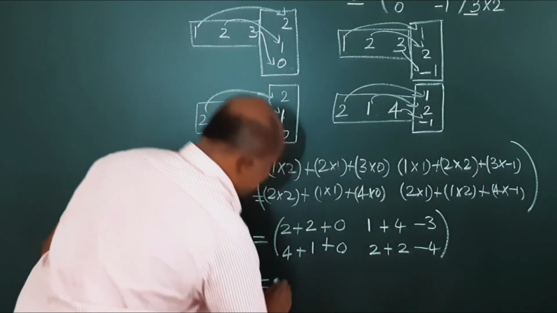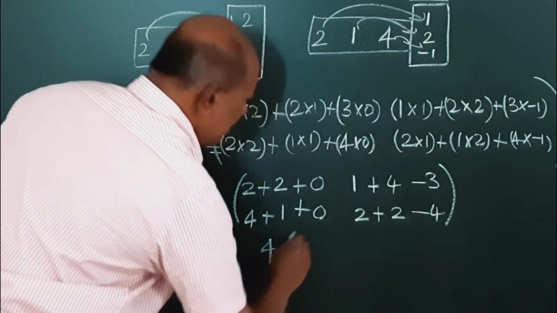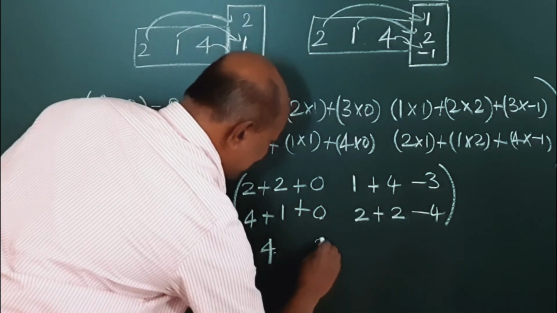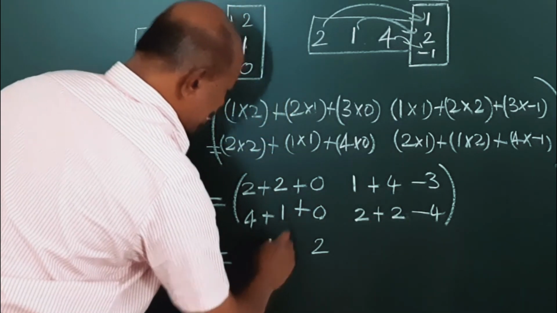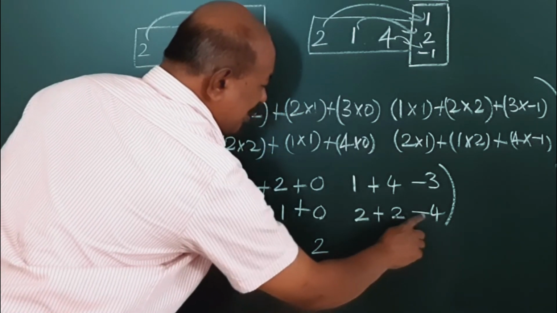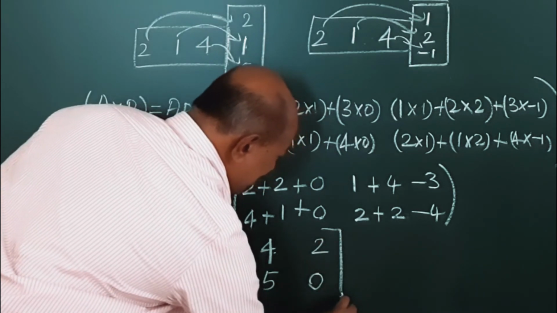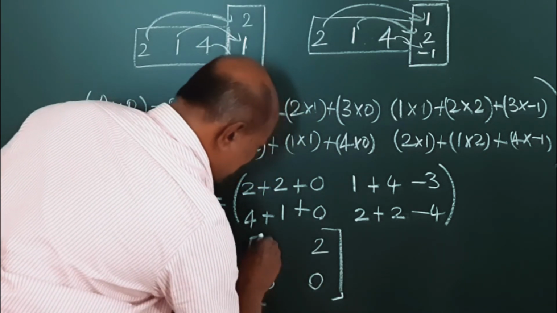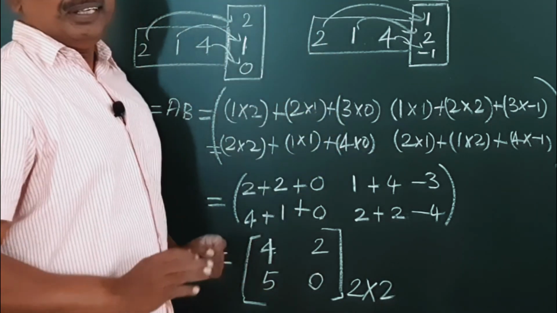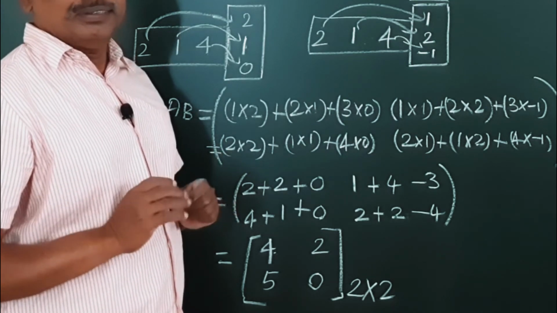That is equal to 2 plus 2, 4, plus 0, 4. 1 plus 4, 5, minus 3, it is 2. 4 plus 1, 5. 2 plus 2, 4, minus 4, that is 0. It will be the answer. AB equal to a 2 by 2 matrix. That is the way of multiplying the given matrices.